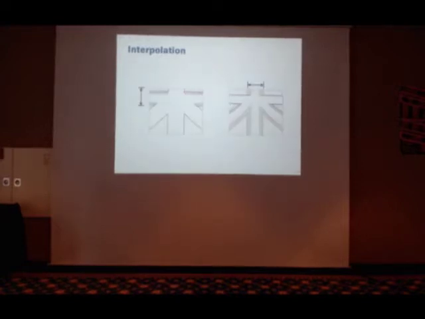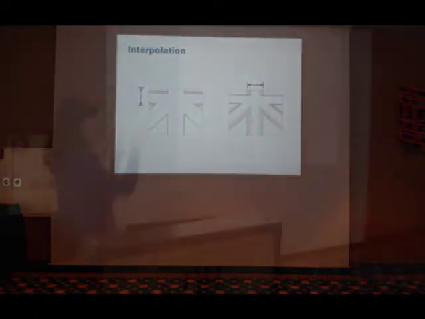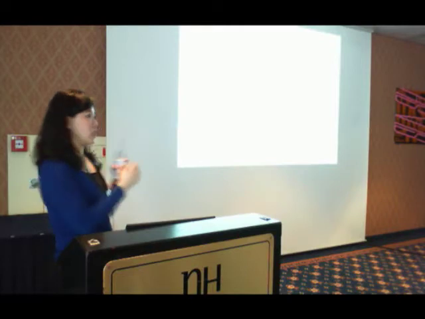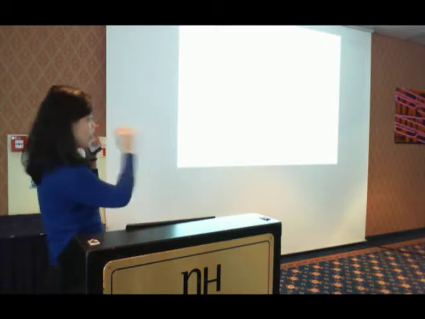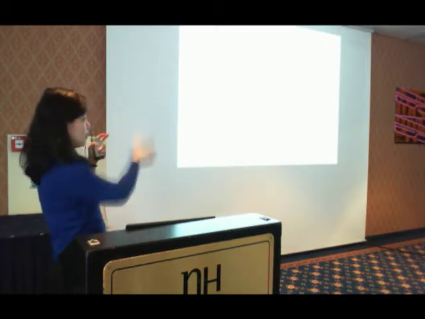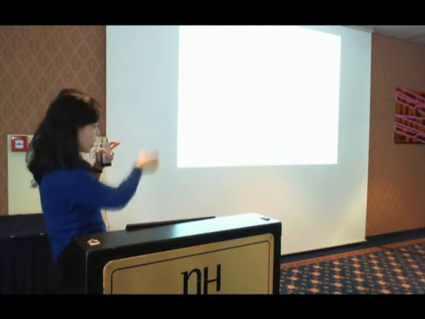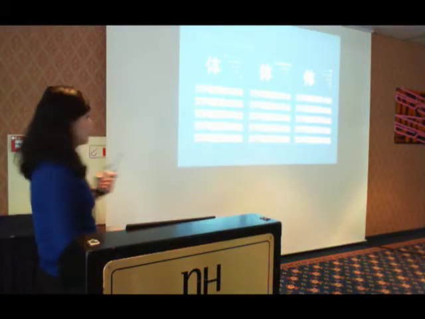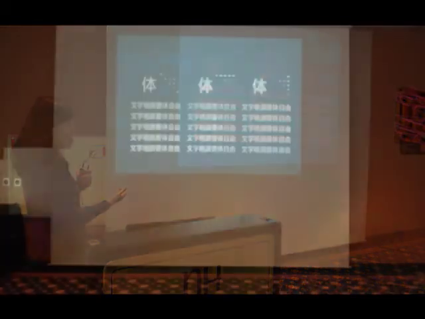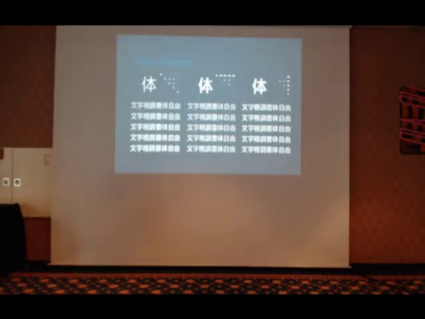And what we are trying to do is, for the left-hand side, we keep the width of the vertical strokes, and we only interpolate the horizontal strokes. And for the right-hand side one, we keep the horizontal strokes, and we interpolate the vertical ones and the slope ones. So in this way, we could create 3 different styles of the Chinese font.